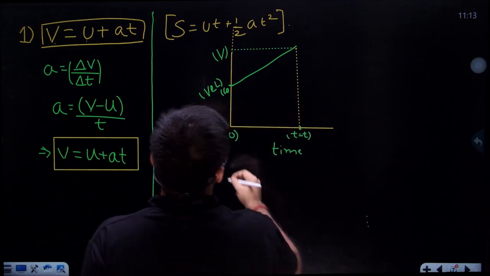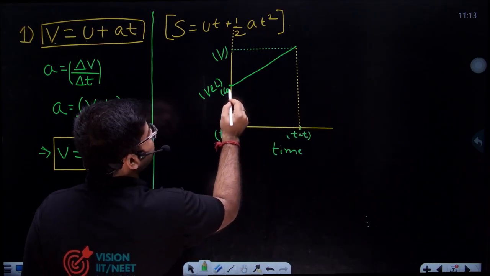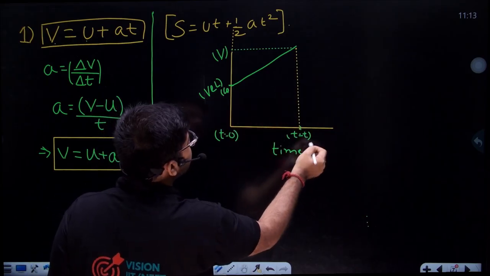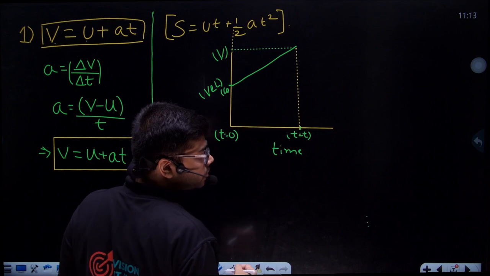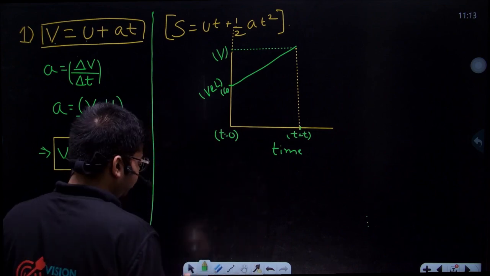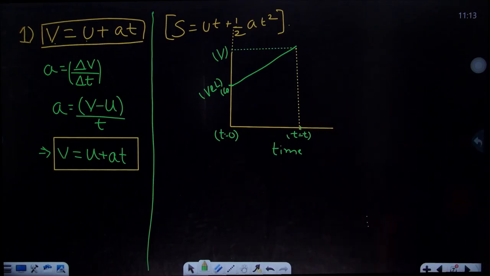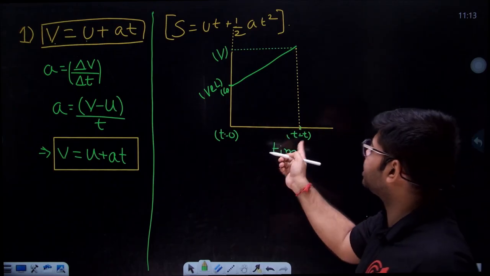So this much at t is equal to 0 is my initial velocity u, at t is equal to t, my velocity is v. Now very important concept I would like to discuss here. What is it? That is, this is a velocity versus time graph.